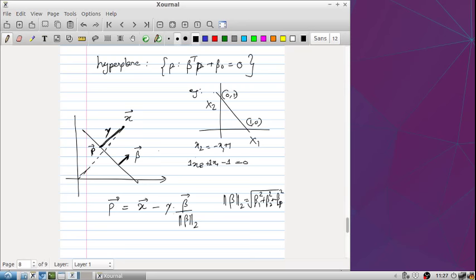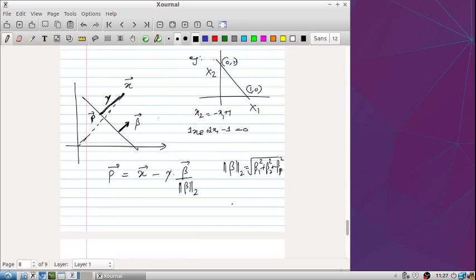I'm saying that p plus this vector is equal to x, or if I subtract this vector from x, I'll get p. Same thing. It's just vector addition. Is that clear? If you have three vectors, then you can say x vector plus y vector is equal to the third vector. These are vectors.